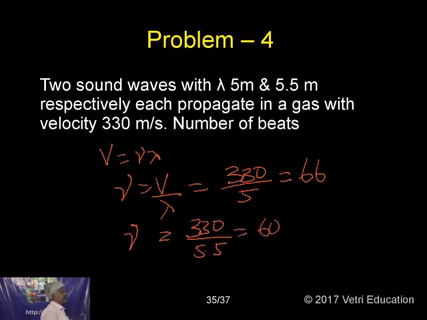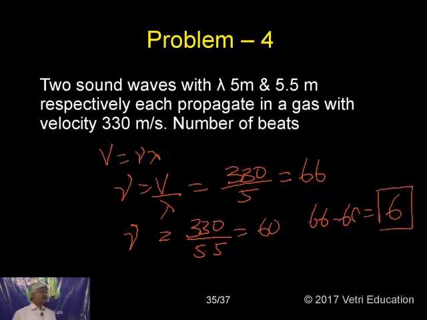The difference in frequency is called beat. Therefore, 66 minus 60 is equal to 6. So the number of beats produced is 6. Kindly make note, a very easy problem, this also.